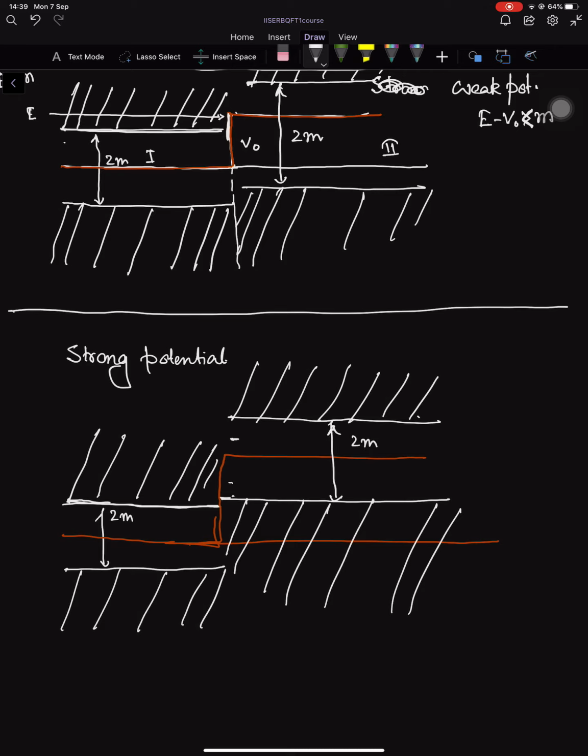The important point here is that because the potential is strong enough, this V0, this shifts the negative band. So let's call this the positive band, this the negative band, and this the positive band. It shifts the negative band so much upwards that the negative band in region 2 has the same energy as the positive band in region 1.